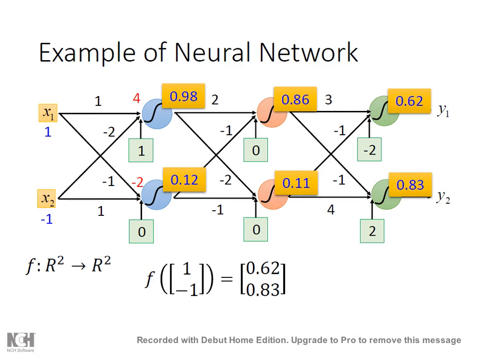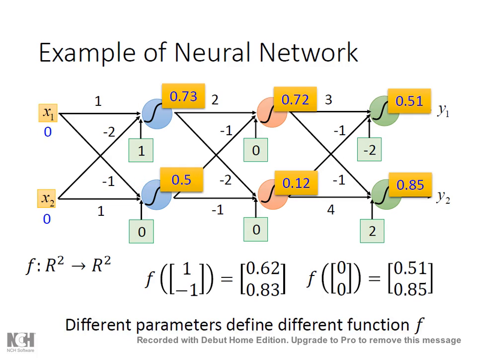Okay, so it's another case. If the input now becomes 0, we just follow the same process. Okay, you can see the result is different here. So with a different input, you will obtain a different result.